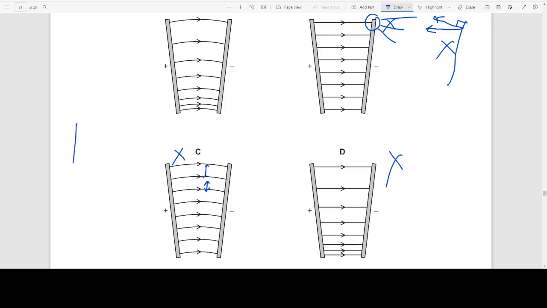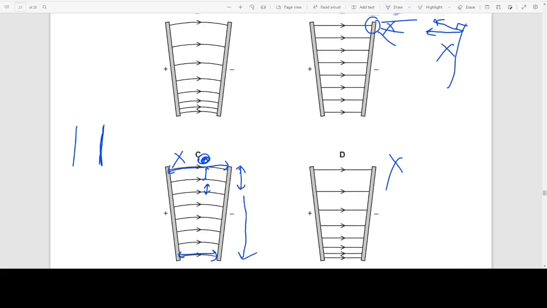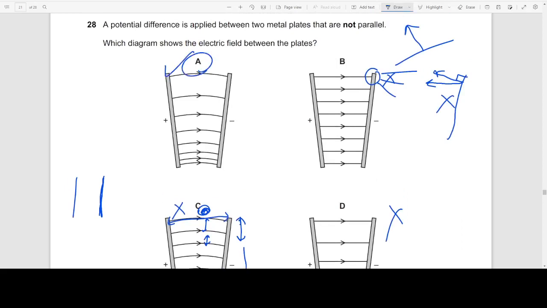If the plates were perfectly vertical, then this might have been the case, but it will not actually be the case, because the distance is different. Over here the distance is less compared to over here, so the electric field is going to be weaker, which means the field lines are going to be far apart in this region, and then they come closer and closer in this region. So that's why the answer is just going to be A.